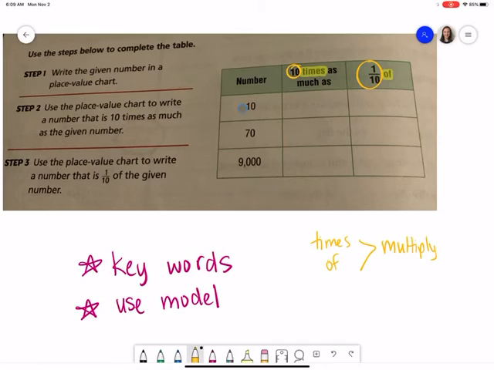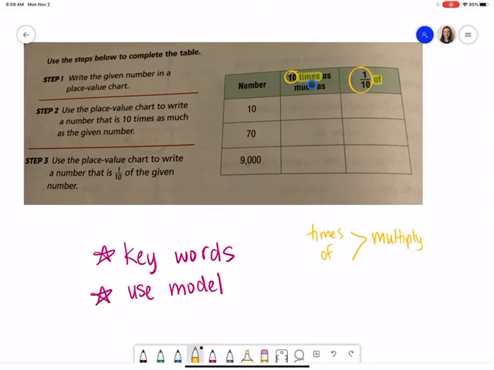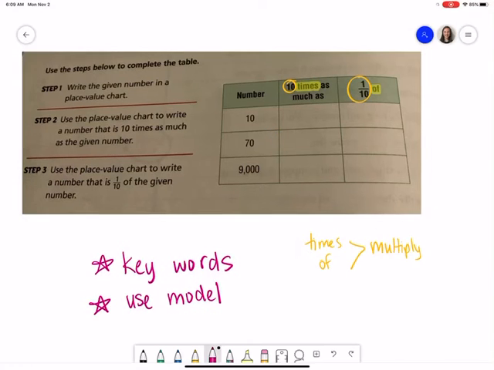Okay, so when we are talking about 10 times, we're moving up in place value, and when we're talking about 1/10 of, we're moving down in place value. Okay? But to move up in place value, what we're doing is we're saying we're going to use our number. So our number is 10.